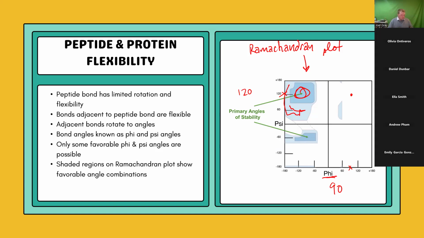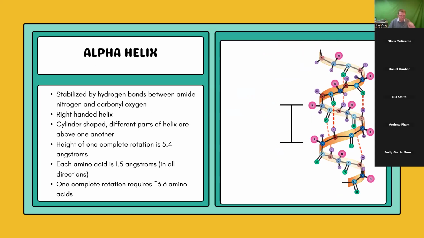Now this is important for understanding the connection between primary structure and secondary structures. Our first secondary structure is known as an alpha helix. This is maybe the secondary structure that people are most familiar with. It's stabilized by hydrogen bonds between the amide nitrogen and carbonyl oxygen. This is considered a right-handed helix.